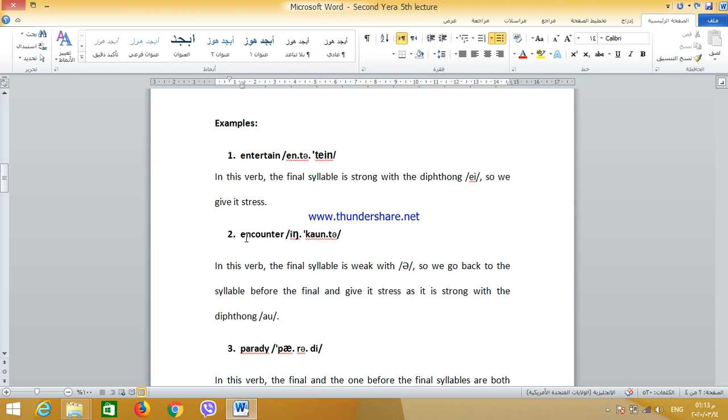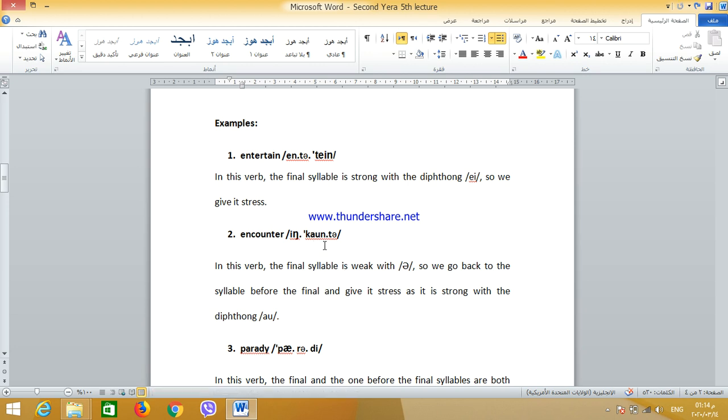But if we have a verb just like the verb encounter, also 3 vowels, 3 syllables, as you can see here. Now, look at the final syllable. The final syllable has a rhyme structure that consists of a schwa, which is, as you know, the weakest sound in English, the weakest vowel. So we cannot give the stress to a weak syllable like ter with schwa.